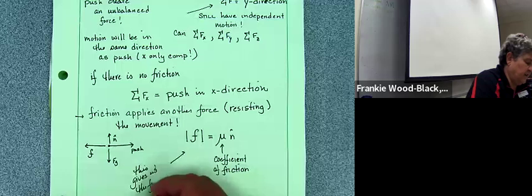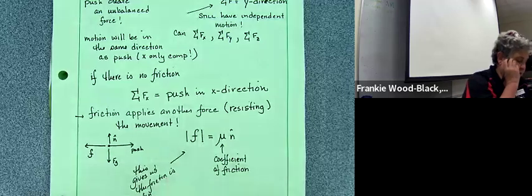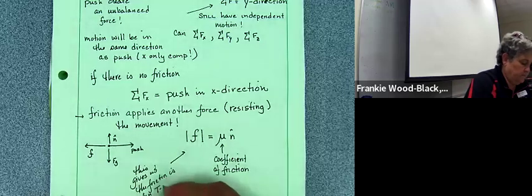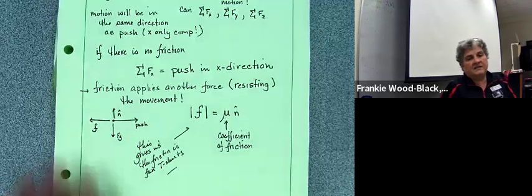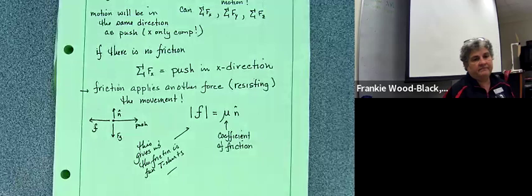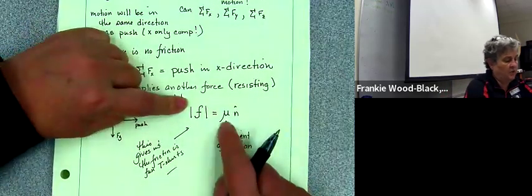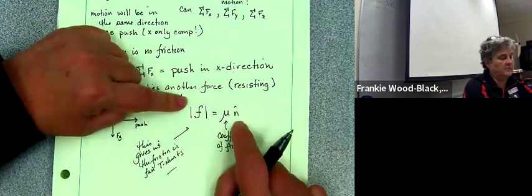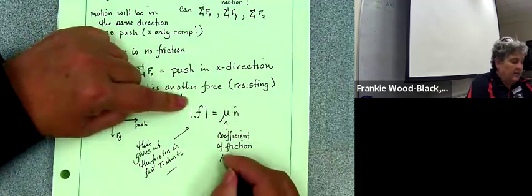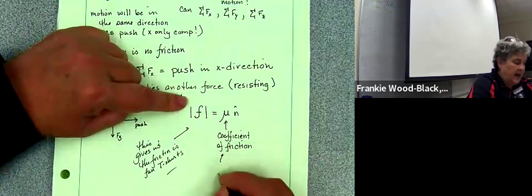Because that's how you remember that equation. So the magnitude of my force due to friction is going to equal the coefficient of friction times the normal force. And this can be a static friction.